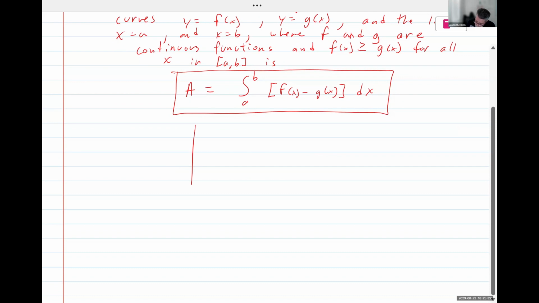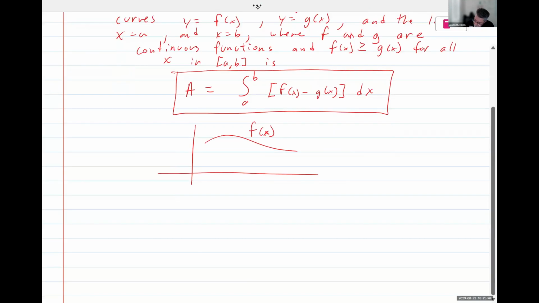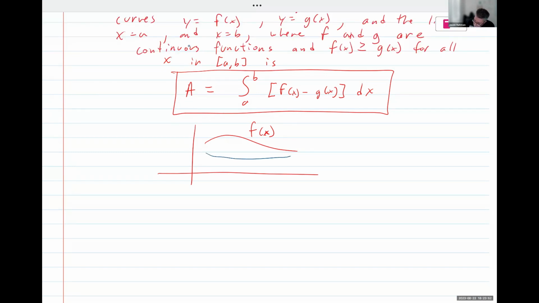Okay, if we have a drawing here, and I take a curve f of x, okay, and then I take another curve, say g of x.